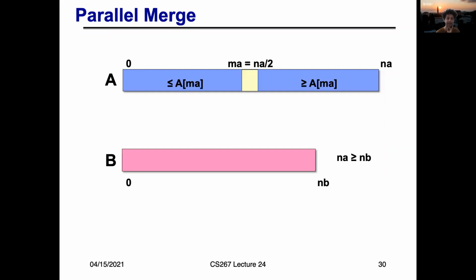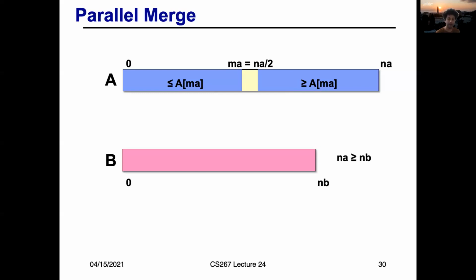And I'm going to choose the median in the large list. Let's call the median element the one at location MA. So all the elements on the left are smaller than A of MA, and all the elements to the right are larger or equal to A of MA.